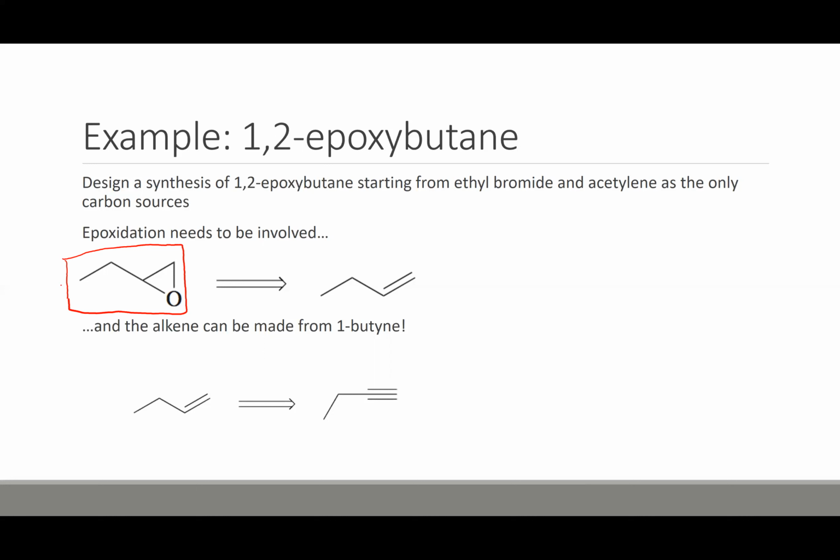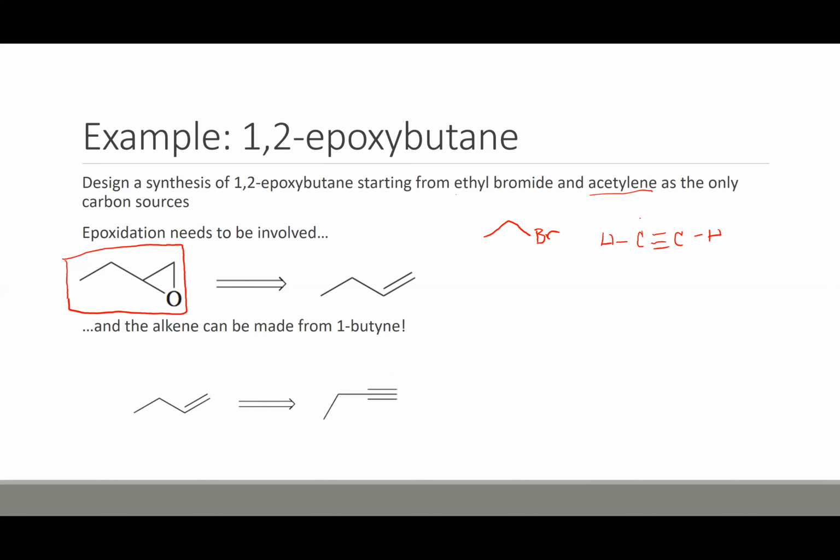So we have 2 carbon sources that we're allowed to use. Ethyl bromide, that is a 2-carbon long chain with the bromine on it, and an acetylene, that is this carbon-carbon triple bond. So we only have access to these 2 things, and we want to make that epoxide.